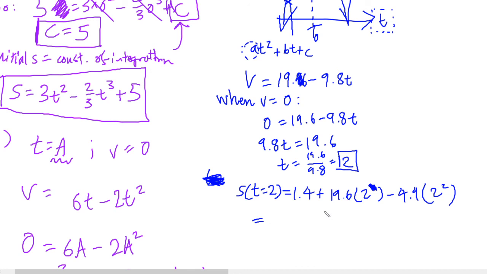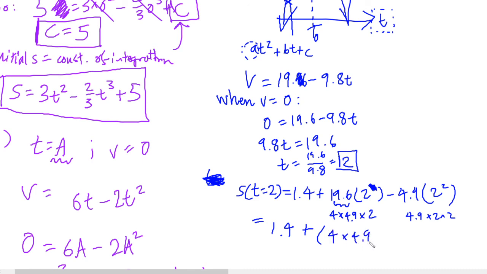Or we can use some clever mathematical trickery here, saying that since this is 4 times 4.9 times 2, and this is 4.9 times 2 times 2, it'll be 1.4 plus 8 times 4.9 minus 4 times 4.9, which will be 4 times 4.9. This is not a kinematics comment, this is just a comment on the calculation to make it easier for you.